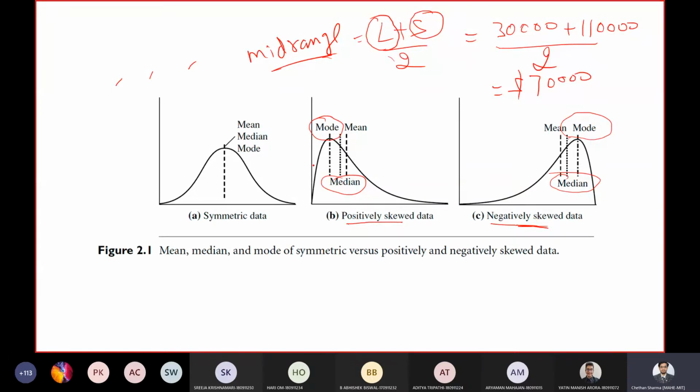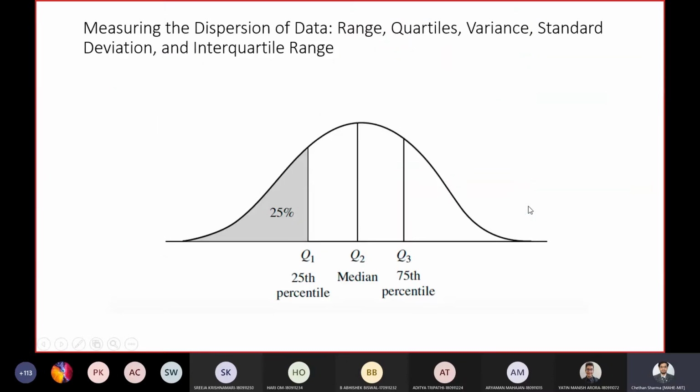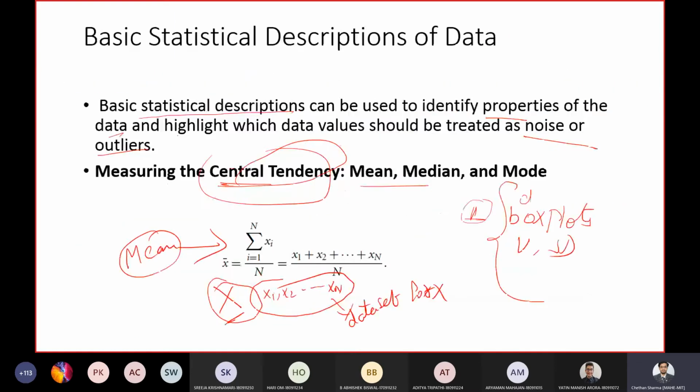So you should know how the data in general behaves when the mode is less than the median or the mode is greater than the median. If the mode is less than the median, the data tends to be positively skewed when you draw the graph. When the mode is greater than the median, the data is negatively skewed. Next, as I told you, this was with respect to the central tendencies.